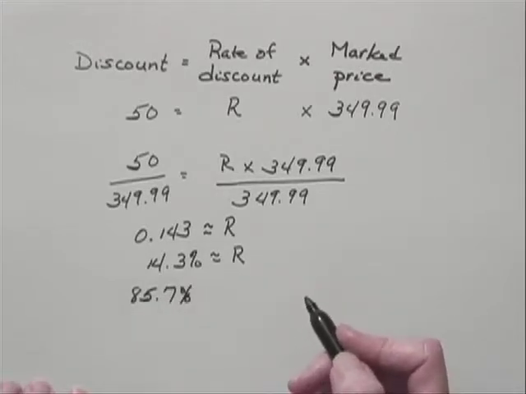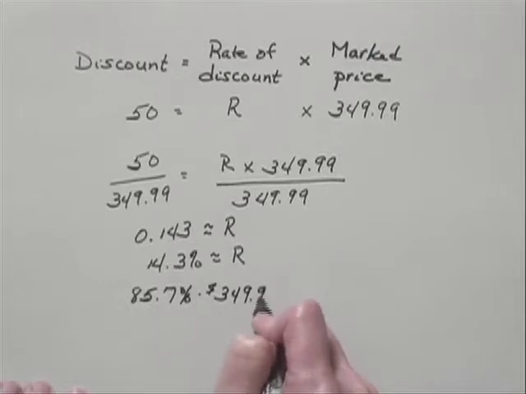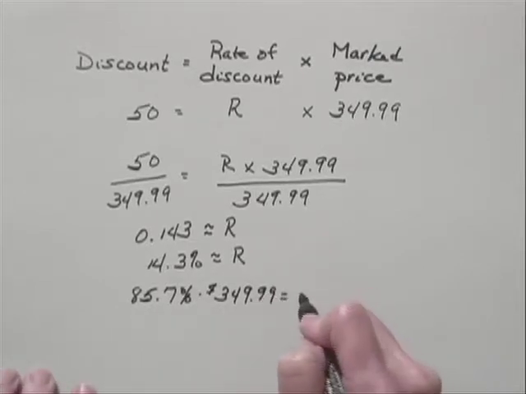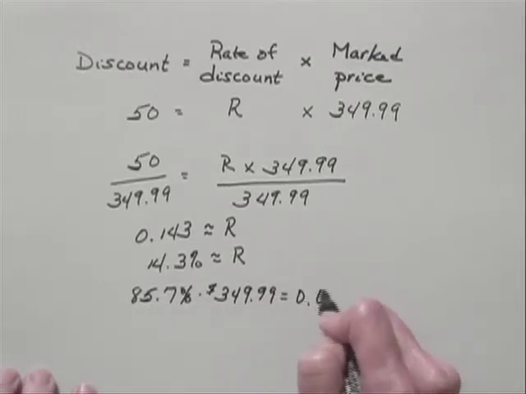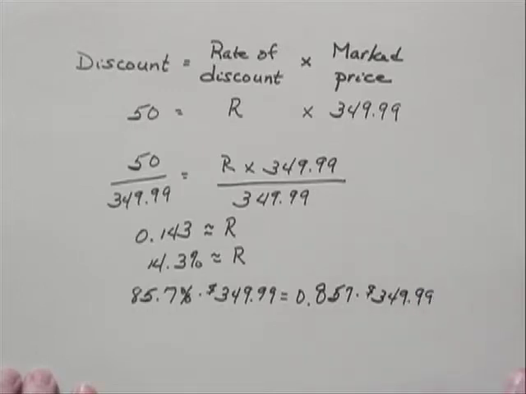And if we find 85.7% of $349.99, we would do this by multiplying in decimal notation 0.857 times $349.99. And when we do this multiplication, we find that it's approximately equal to $299.94.